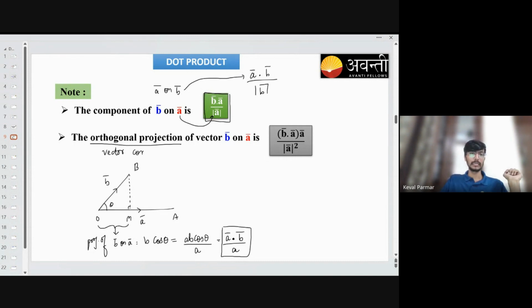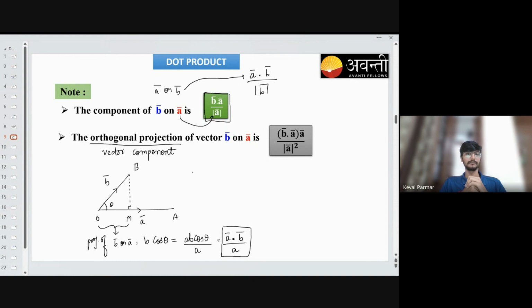So the vector component of B bar on A bar is B bar dot A bar into A bar upon mod A square. Why? Because a vector is formed when we multiply magnitude and its direction.